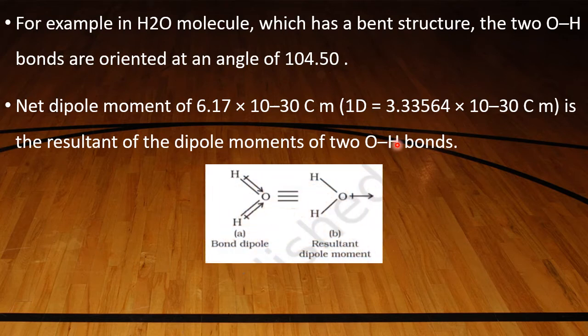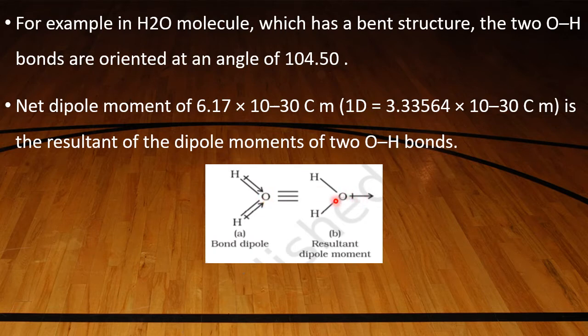See, H2O, bent structure. This is the 104.5 degree angle here. So one OH and the other OH here. Oxygen is more electronegative than hydrogen, so the electronic pull is this side. Here also the pull is here. So from here one pull, from here one pull, electron density is more on the oxygen. So what is the movement of electrons? The resultant force is this side. That is shown here.